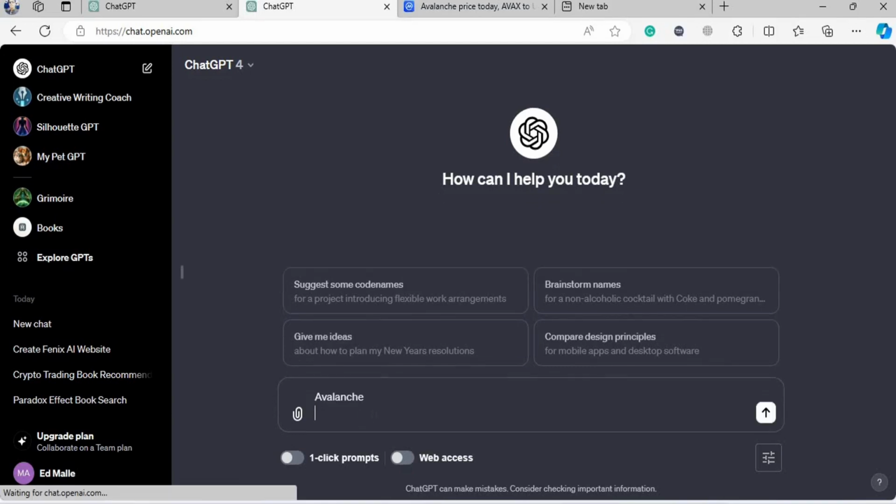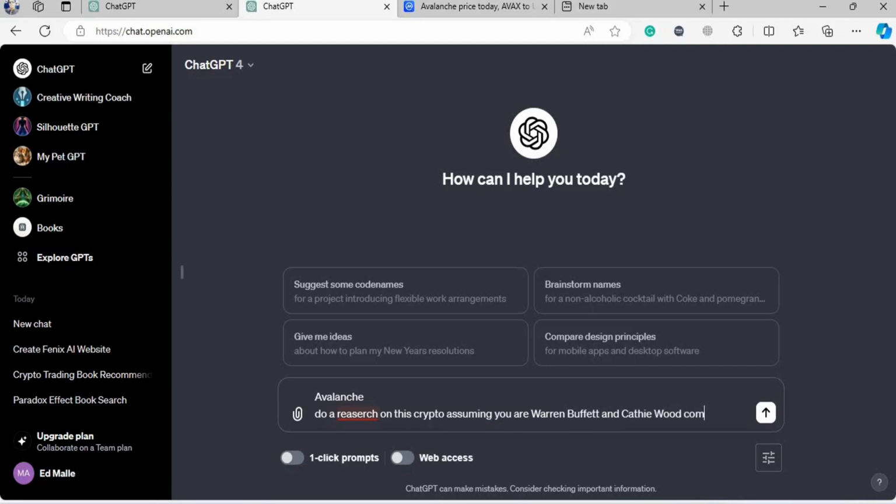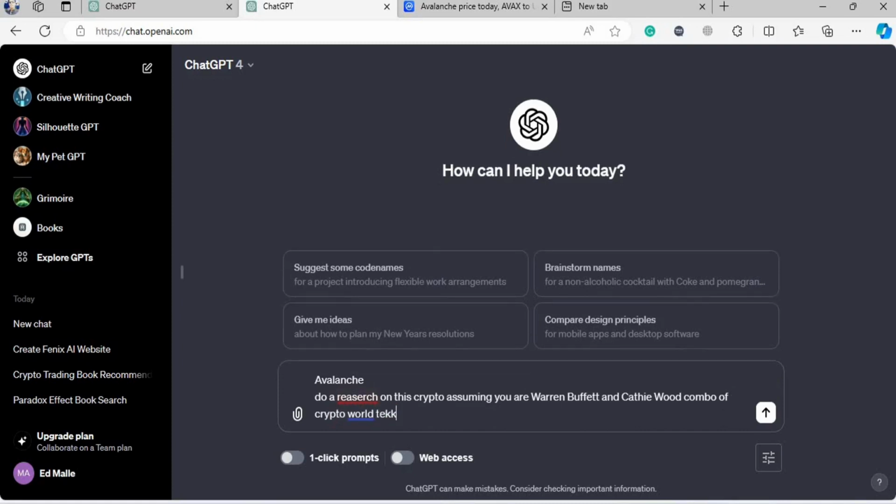So you paste this thing here and you say, do a research on this crypto, assuming you are the Warren Buffett and Cathie Wood combo of the crypto world. Tell me everything I need to know about it in a tabular form.